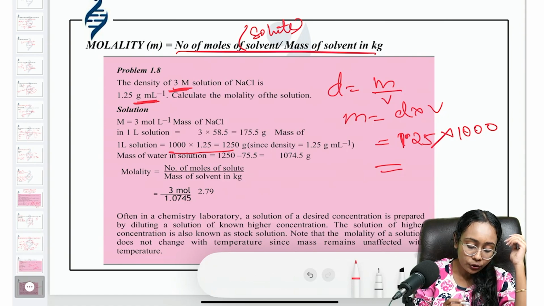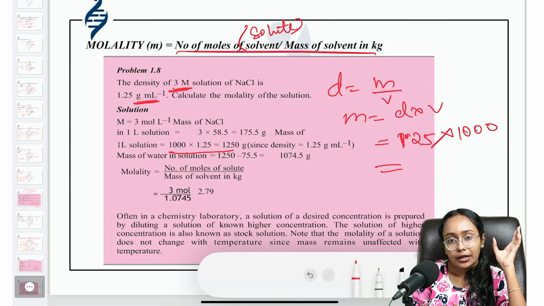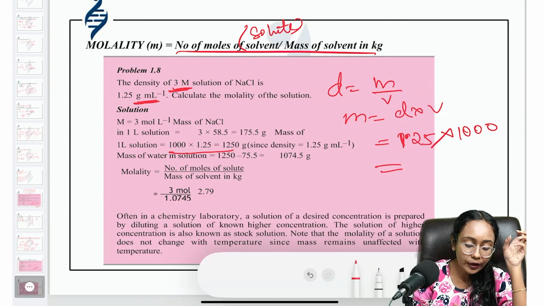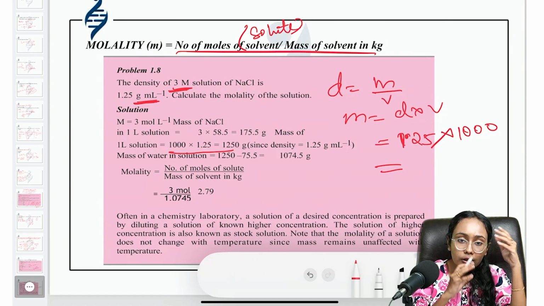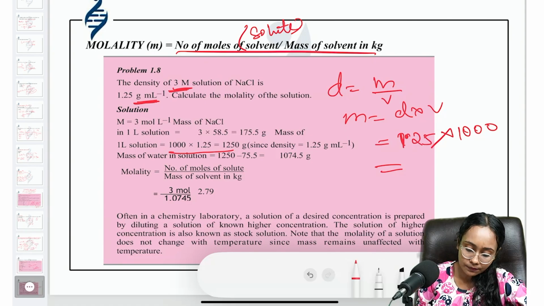1250. So you already know that there are 3 moles of NaCl in the solution. How do we find the total mass of NaCl in that solution of 1 liter?